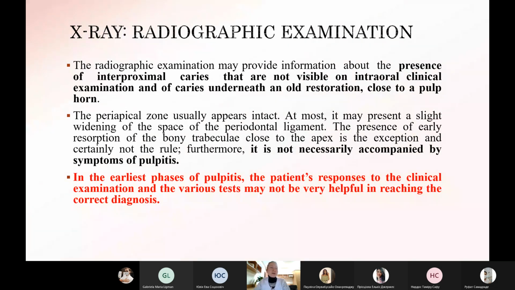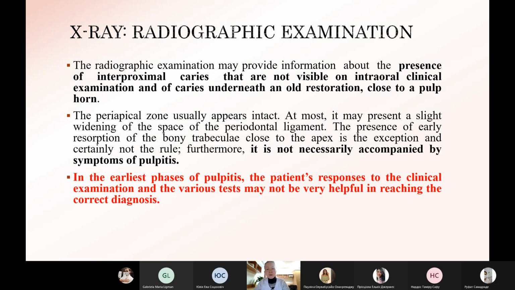And some key points about X-ray diagnosis, why it can possibly be used. Radiographic examination may provide information about the presence of interproximal caries that are not visible on intraoral clinical examination, and of caries underneath restorations close to a pulp horn. It is important.